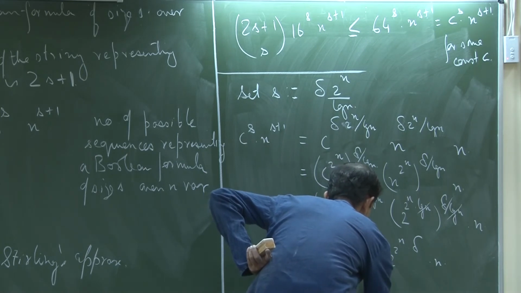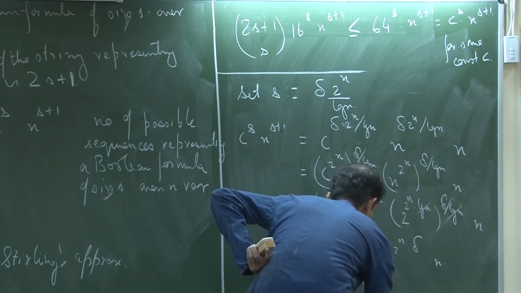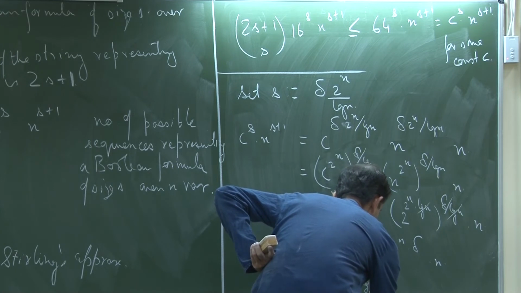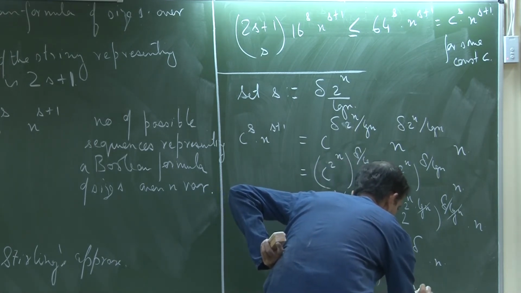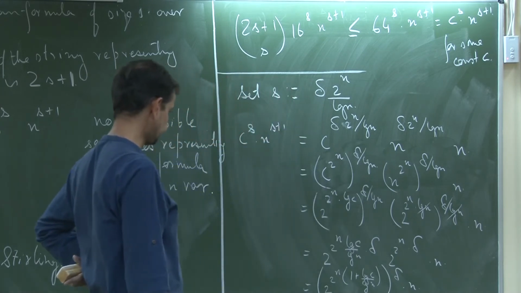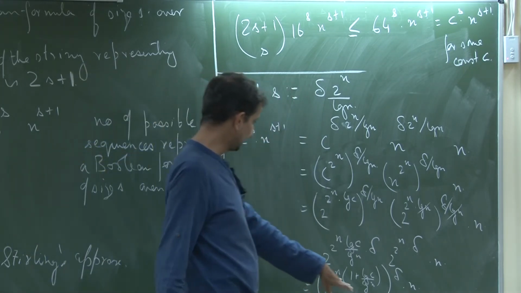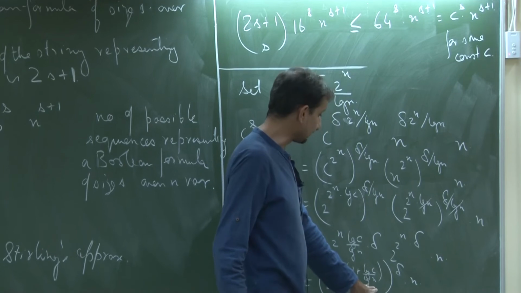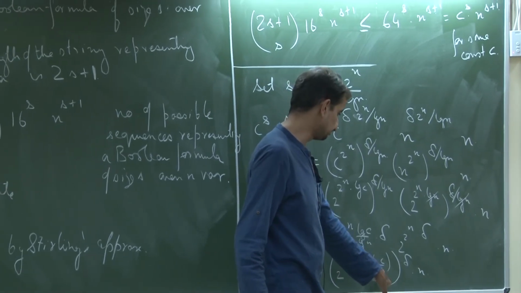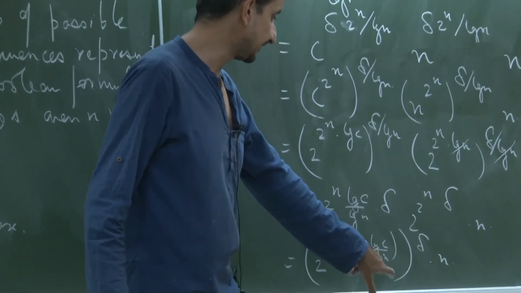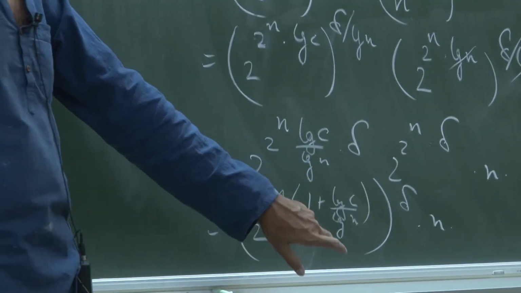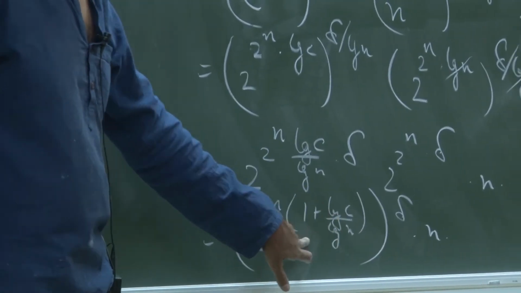One plus log C by log n whole to the power of delta times n, right. So, once again log C by log n is asymptotic, I mean as n tends to infinity, this quantity tends to 0. So, this is very close to 1.